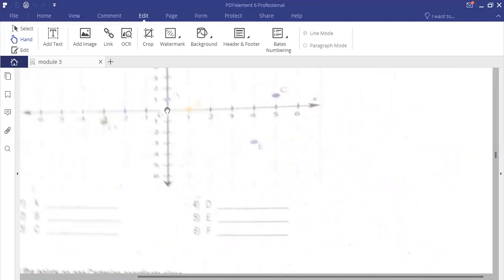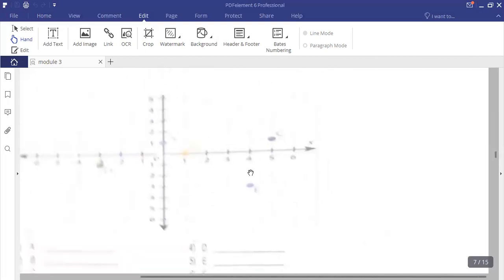Let's go to the y. 1, 2, and 3. Okay, so it is straight with 3. So the answer here is 4 and negative 3. Okay, you have to do that for the other points. For example, here in C, first get the x, 1, 2, 3, 4, 5. We have positive 5 here. And in the y, we have positive 1. So the answer here is 5 and 1.